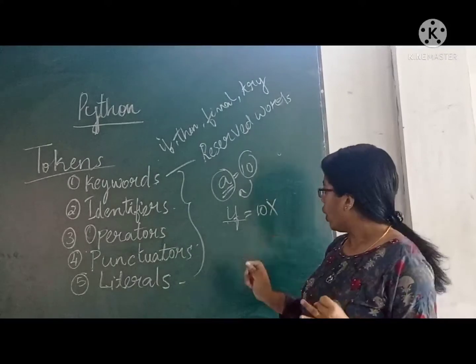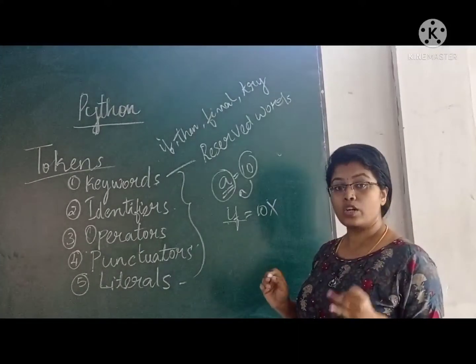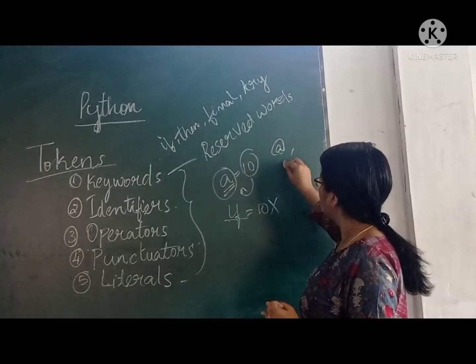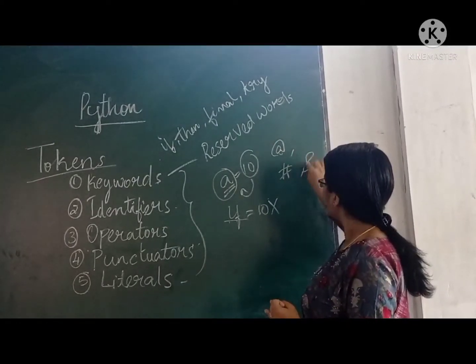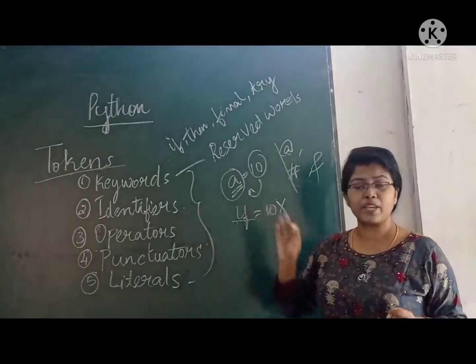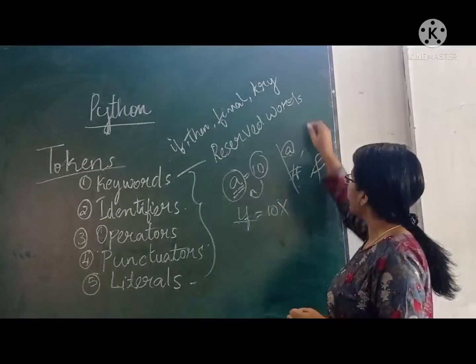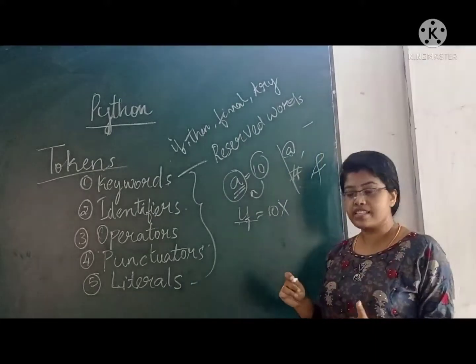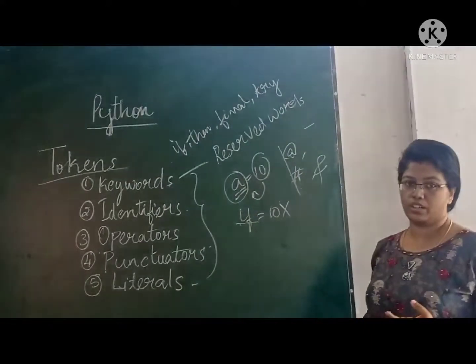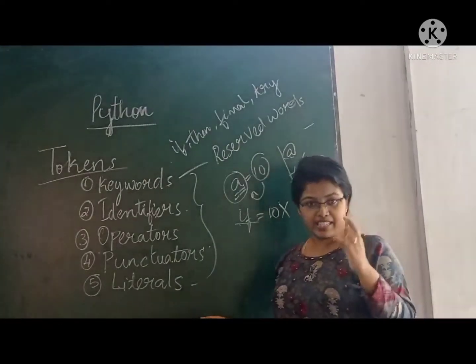Next, don't use special characters like @, hash, dollar. All these are special symbols. Exclude underscore: we can use underscore when creating identifiers. That's the second point.